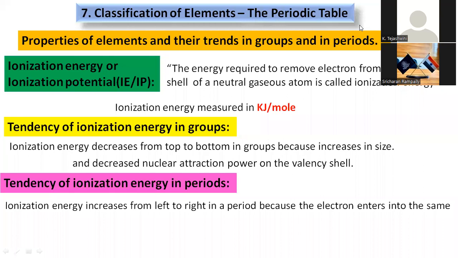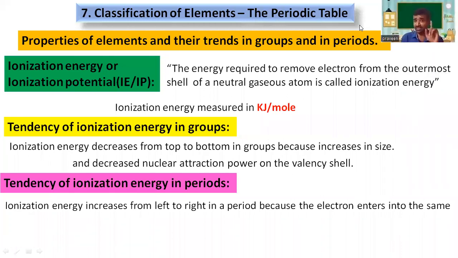Are you clear? So from this onwards, you are depending on the nuclear charge and atomic size. That's why I said atomic size is very, very important. It will help you in understanding the nuclear charge. Atomic size is the distance from the nucleus to the valence shell.